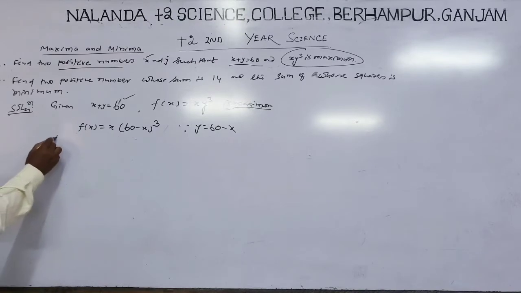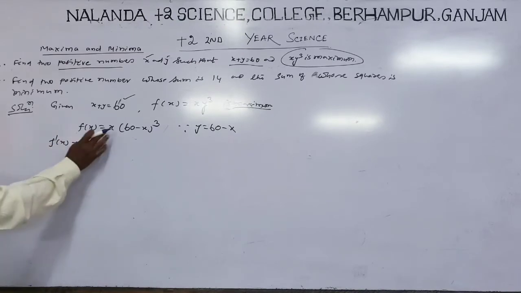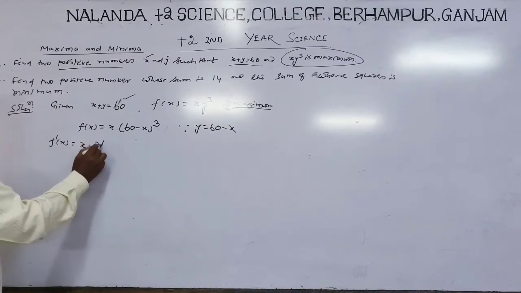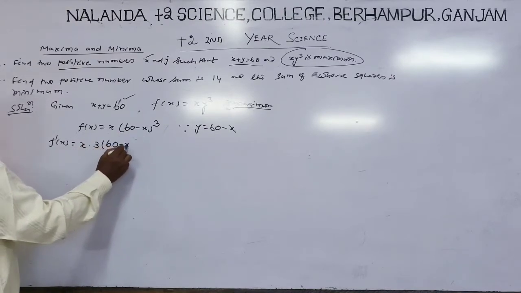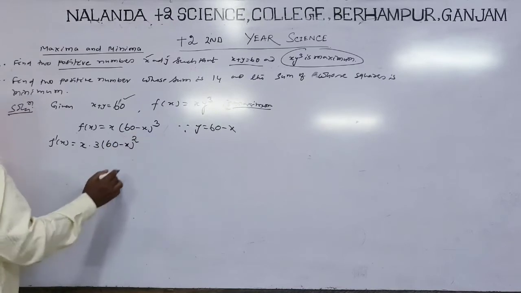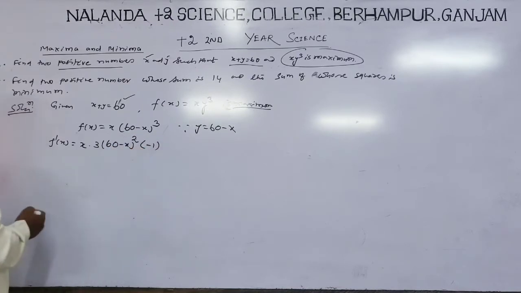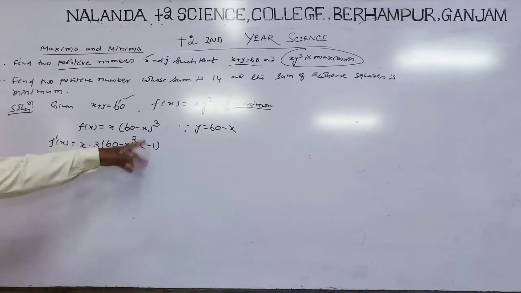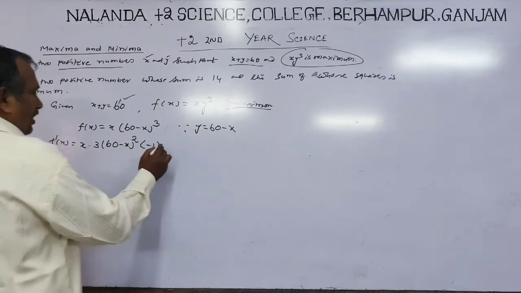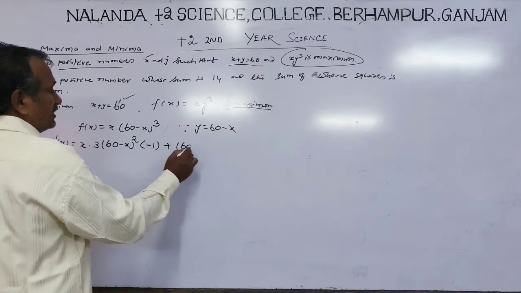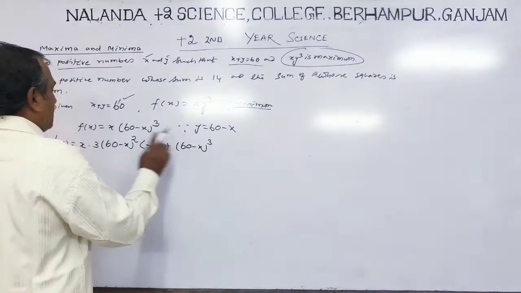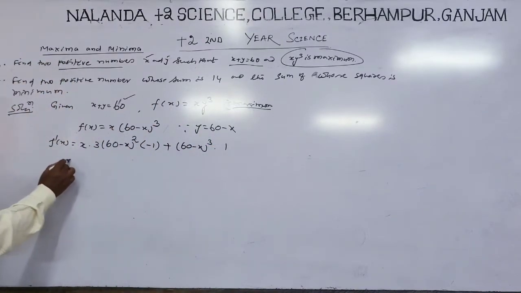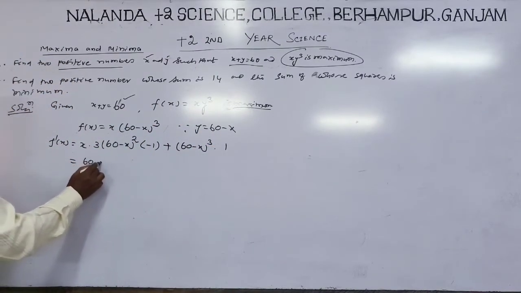Find out. Using the product rule: u into derivative of v, plus v into derivative of u. So 60 minus x whole square into minus 1, because the derivative of the constant is 0 and the derivative of x is 1, into minus 1, plus 60 minus x whole cube into the derivative of x equal to 1. Now take out the common factor, 60 minus x whole square.